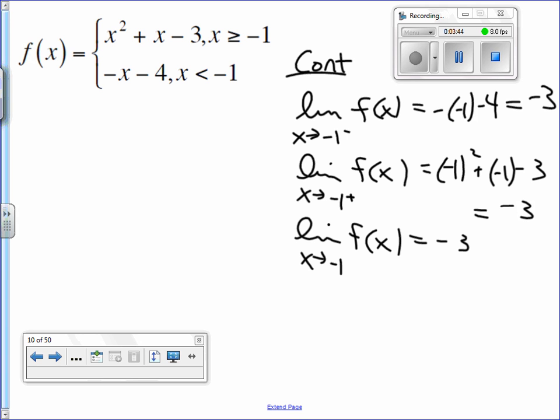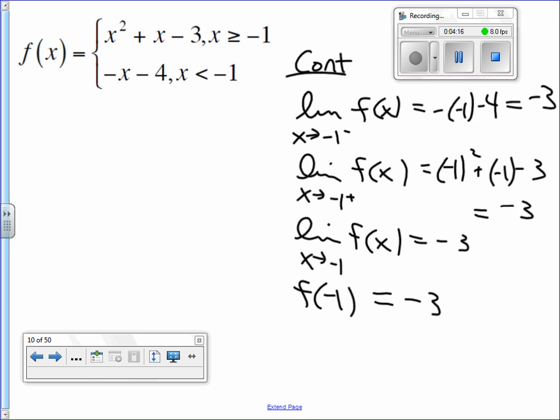Technically, to be continuous, not only does the limit have to exist, what else has to exist? F of -1 has to exist. Does f of -1 exist? Yeah, because this tells us that when x is equal to -1, it tells us how to get y. It's -1 squared plus -1 minus 3, which we already know what that is, right? That's -3. So the limit is -3.